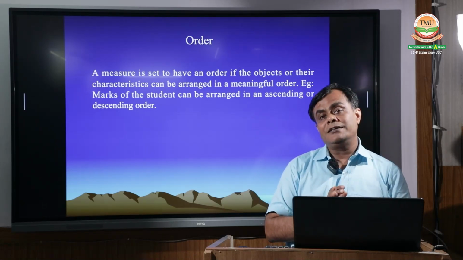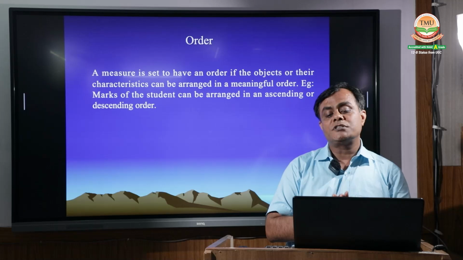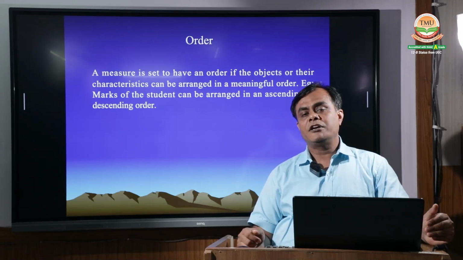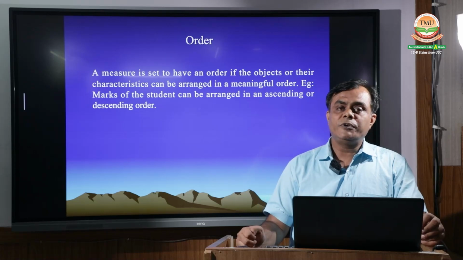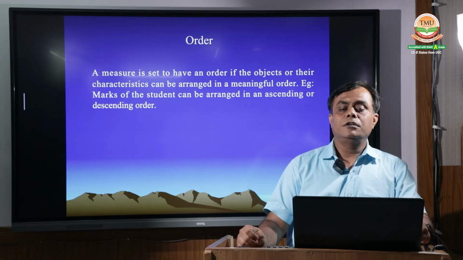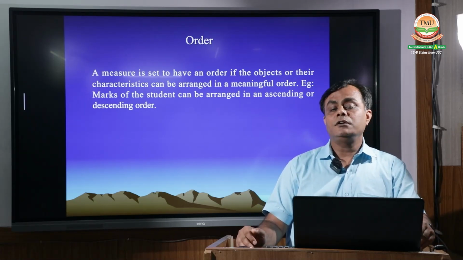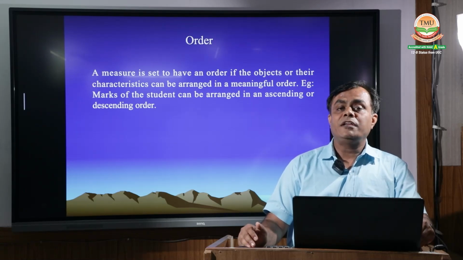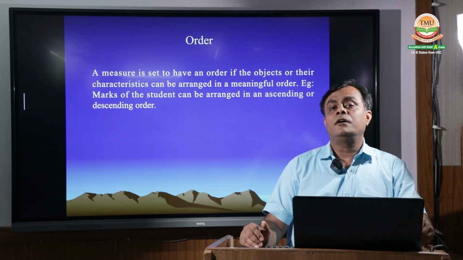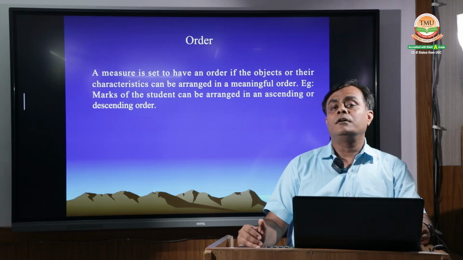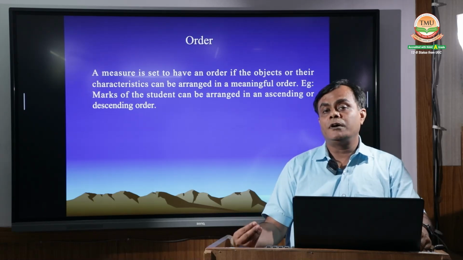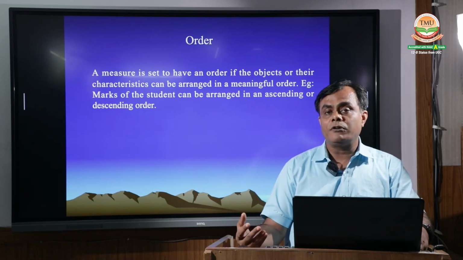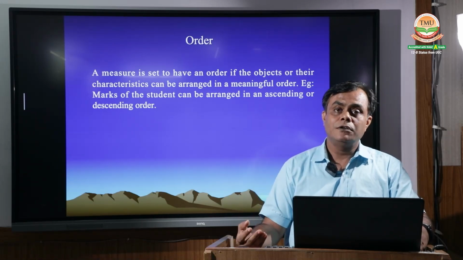So if you are arranging marks in a very systematic manner, we are talking about order. The simple meaning of order is arranging anything in such a manner that it makes sense, gives you a very simple understanding, and follows a scientific or systematic pattern.